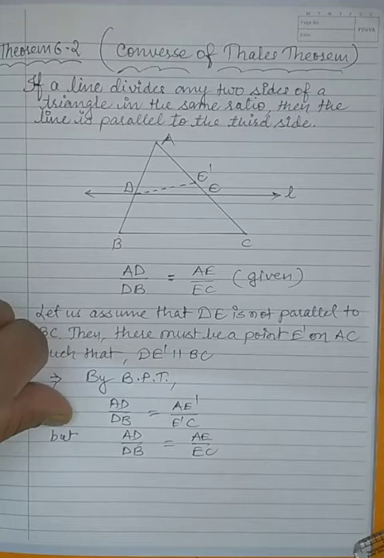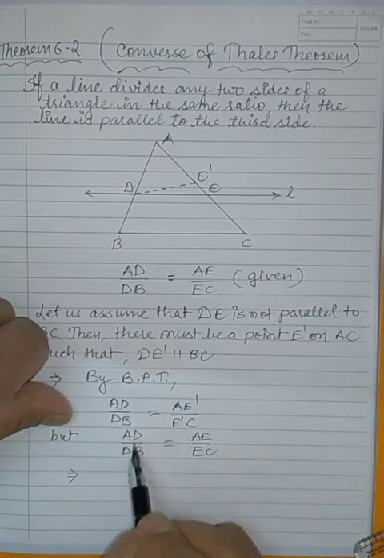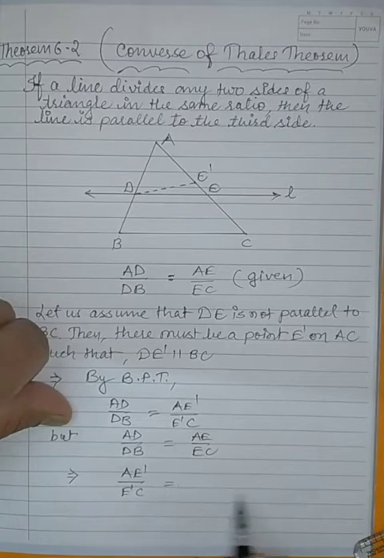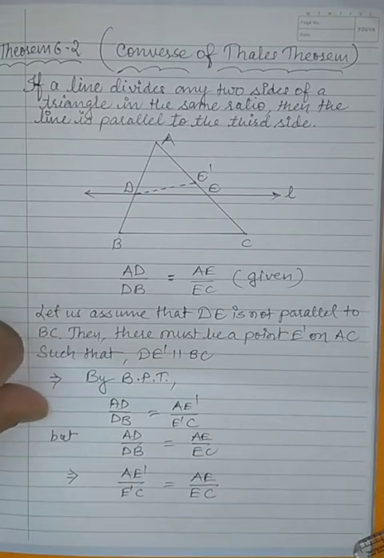This implies that AE dash upon E dash C is equal to AE upon EC.